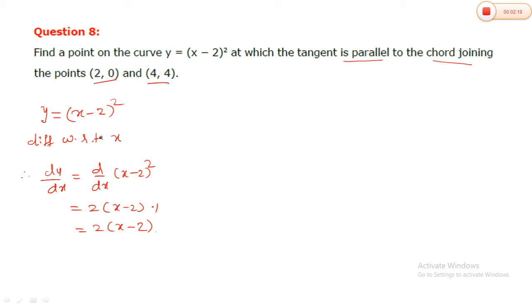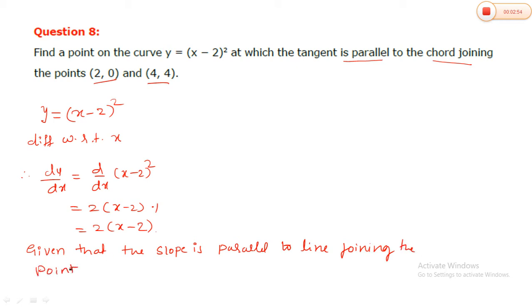So the slope of the tangent is parallel to the line joining the points (2, 0) and (4, 4).